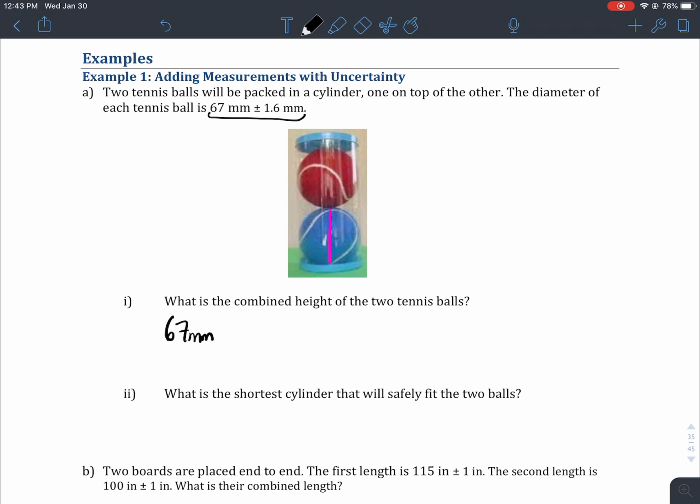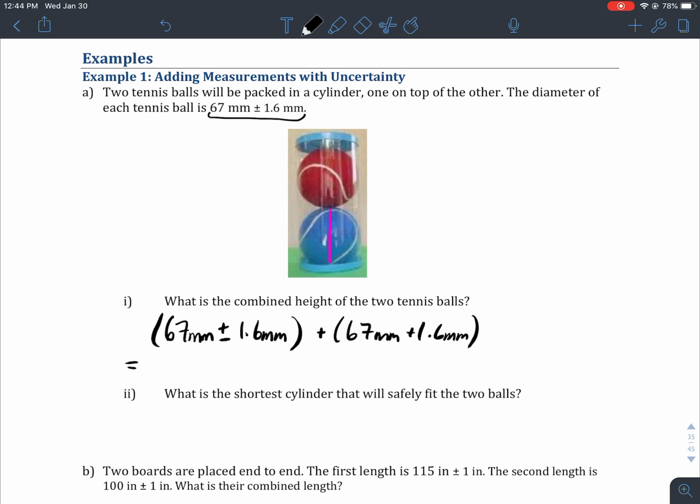So if I do the combined height, we are going to take 67 millimeters plus or minus 1.6 millimeters. There's one of the tennis balls, and we're going to add it to itself for the other tennis ball.